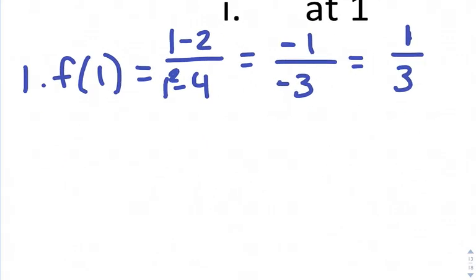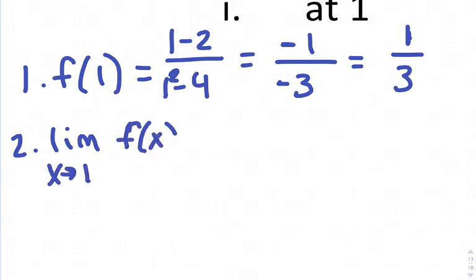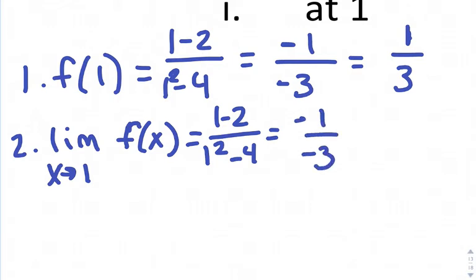Then I'm going to check my limit. So if I plug in 1 into the x value in the denominator, I would get 1 squared minus 4, and that would just give me negative 3. So I do not need to factor it because my bottom wouldn't be 0. So the limit as x approaches 1 of f of x equals 1 minus 2 over 1 squared minus 4. So again, I would get negative 1 over negative 3, which reduces down to 1/3.